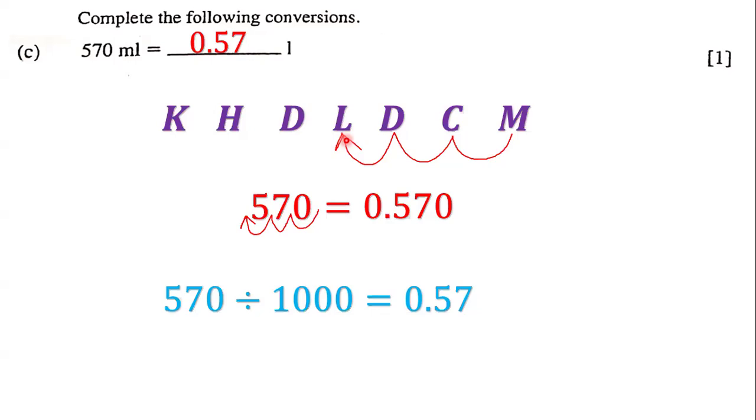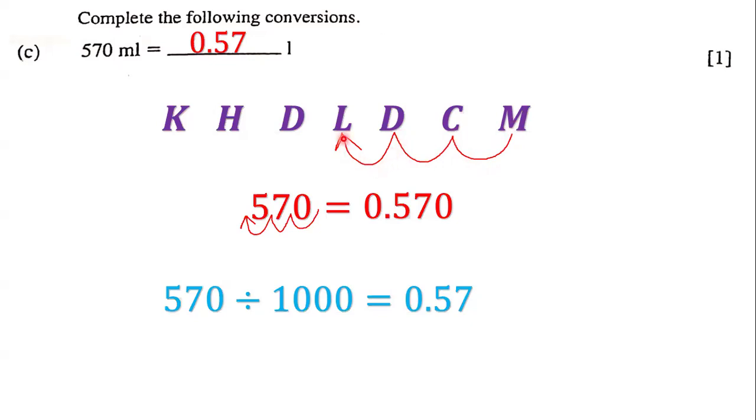Someone have a question? Why isn't it 570 divided by 100? Oh, that's a good question. Because if you look at it, Renee, right? Yes, sir. Okay. So this is milliliters, right? How many times did we move over? 1, 2, and 3 times, didn't we?